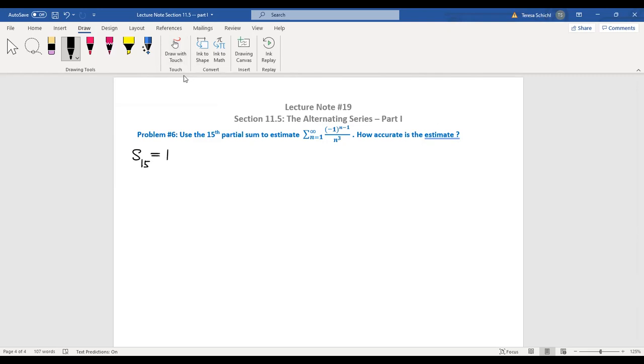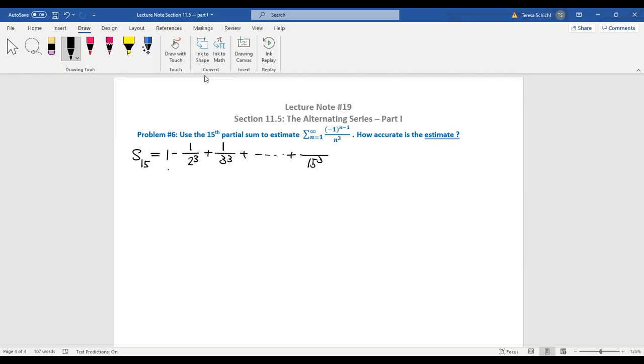N equal to 2 is minus 1 over 2 to the 3rd. N equal to 3 is positive. Then you add all the way until n is equal to 15 here, so it's 1 over 15 to the third.